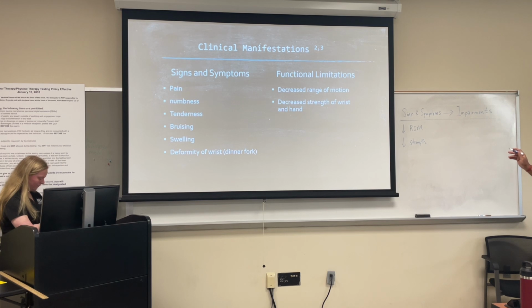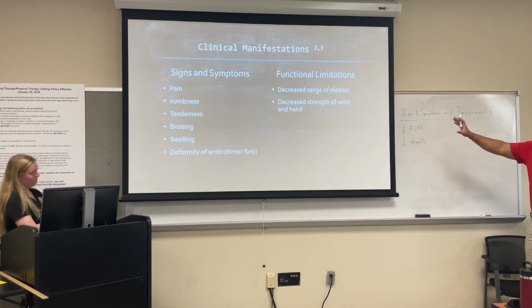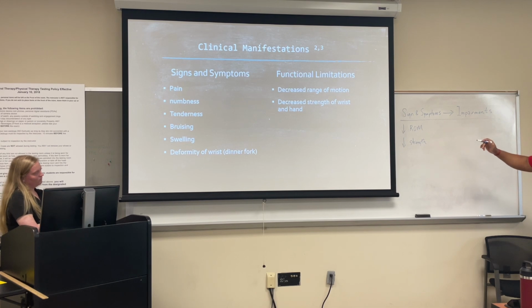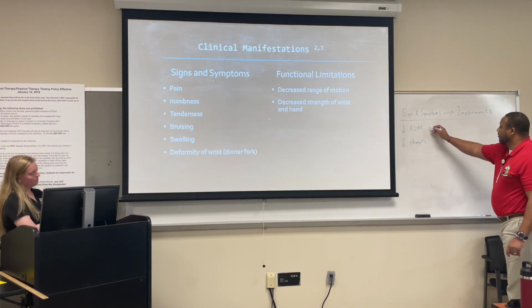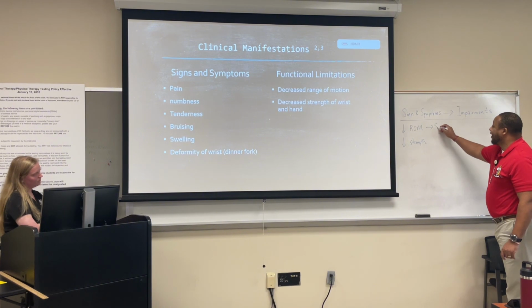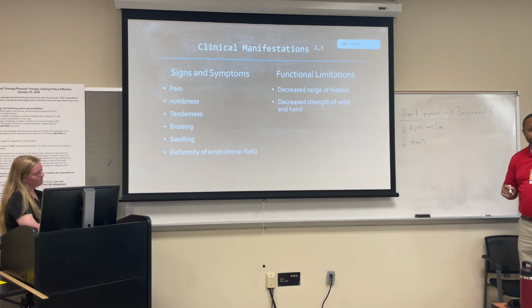So those are signs and symptoms. Now typically, with decreased range of motion being an impairment, under the category of signs and symptoms, would decreased range of motion be a sign or a symptom? Why do you say that? Because you can measure, okay?